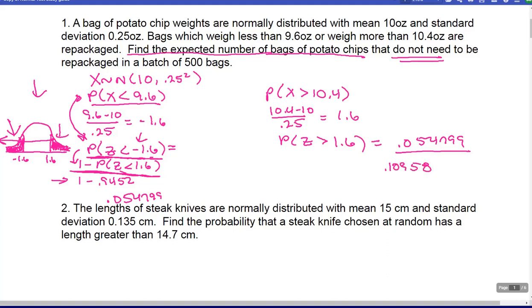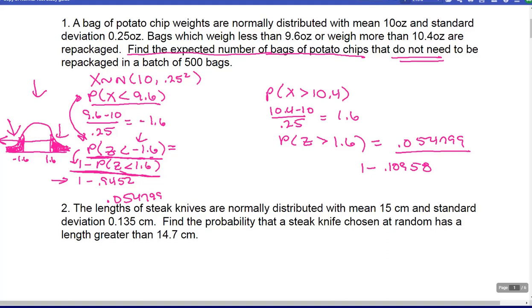Now keep in mind, what you just found was the area of these two parts, the shaded in area. Now, how would I find the area in the middle? You do 1 minus that? Exactly. Because remember, the area under the entire curve is going to be 1. So if I do 1 minus these ends, that's going to give me the middle.